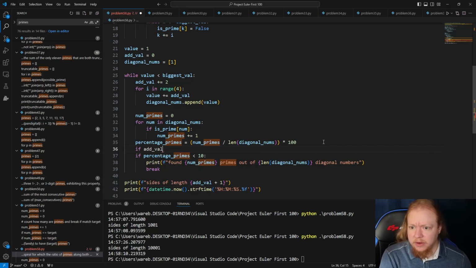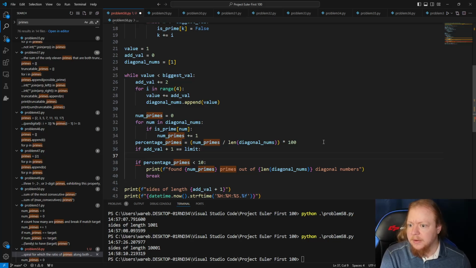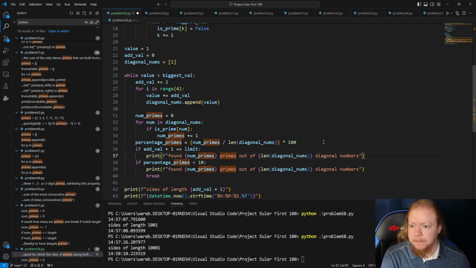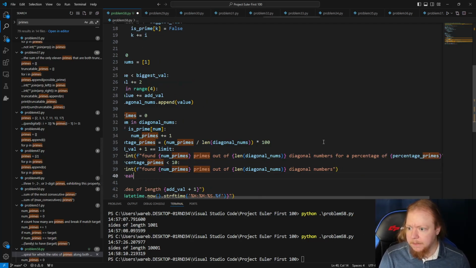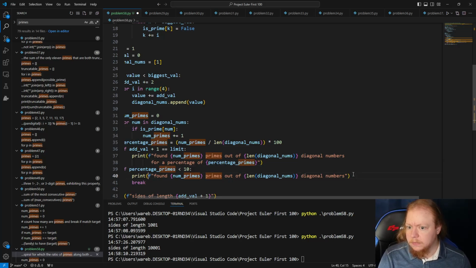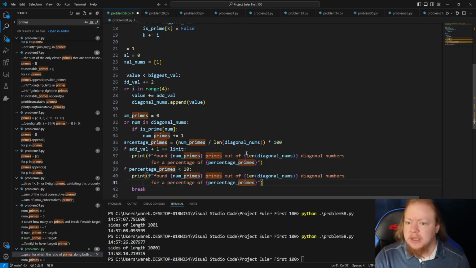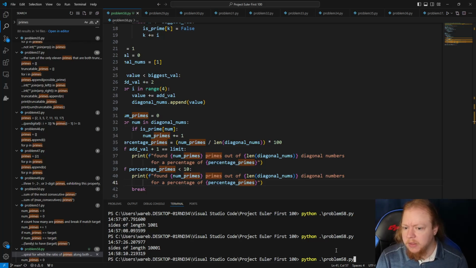I'm gonna say here, if add val plus 1 is equal to limit, well, so I can keep myself honest. And I'm just gonna run the exact same thing again.